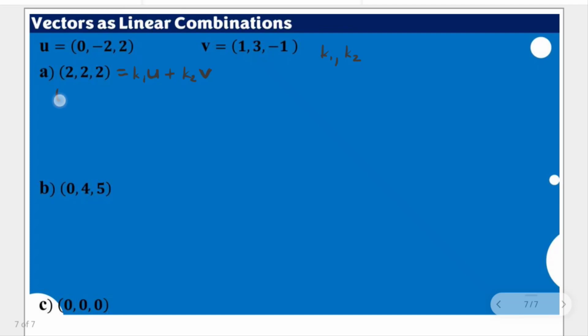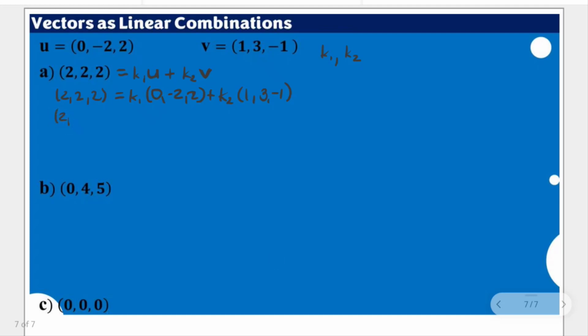So we already have here (2, 2, 2) is equal to K sub 1 times your vector U, which is (0, -2, 2), plus K sub 2 times (1, 3, -1). Now, since K sub 1 is a scalar, we can apply the scalar multiplication here.